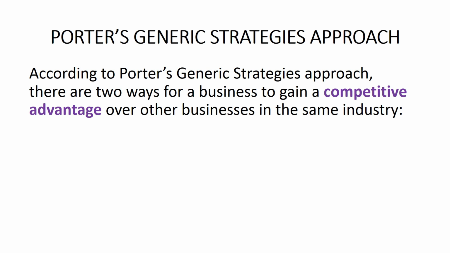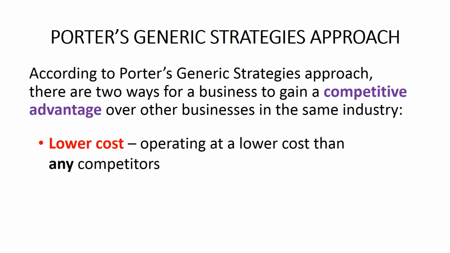Now, according to Porter, there are two strategies that a business can adopt to gain a competitive advantage over its competitors. The first is the lower cost strategy. That means that the business has to be able to operate at a lower cost than any competitors. I want to emphasize here the word any. Under this strategy, it's important that the business is the lowest cost operator, not just a low cost operator.